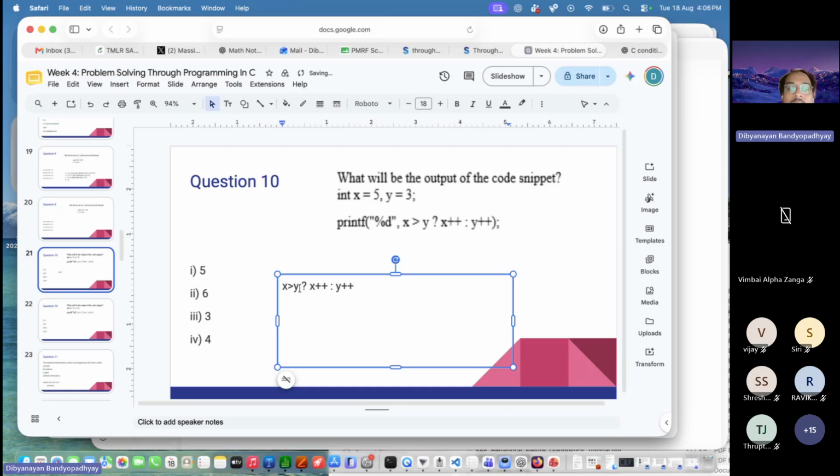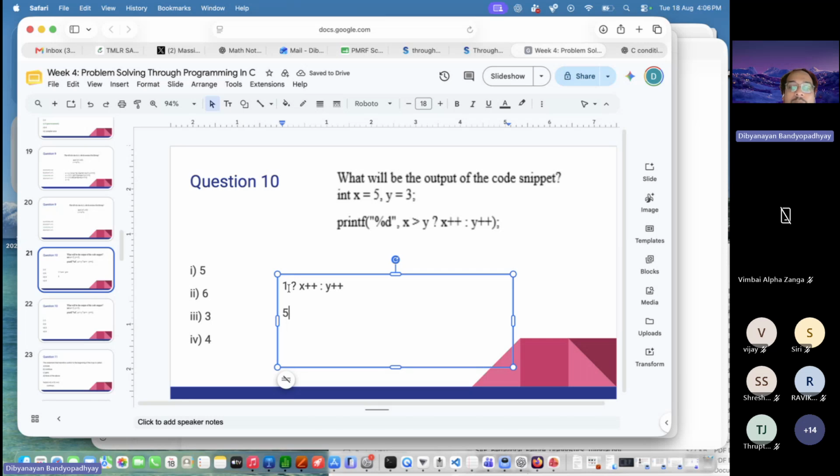Since x is greater than y, because x is 5 and y is 3, the condition is 1, so you will print the first part. If it is false, you will print the other part. As this is true, you print the value of x, and as this is a post-increment operator, the original value of x is printed. So the value will be 5.